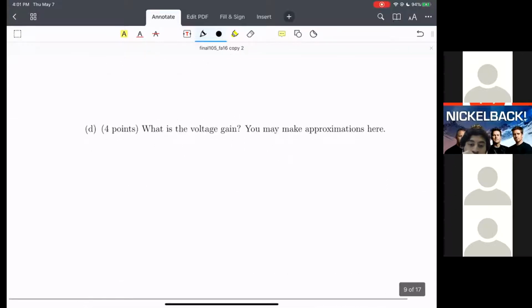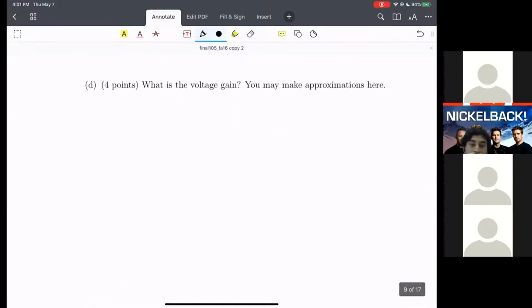Okay, so that's drawing that. So now to calculate the voltage gain, I'm going to use the approximation that gm ro is much, much bigger than 1. And I'm just going to calculate some of the values that I want at the moment. So gm is 2ID over Vov. Vov is equal to 1.5 volts minus 0.5 volts, which is equal to 1 volt.